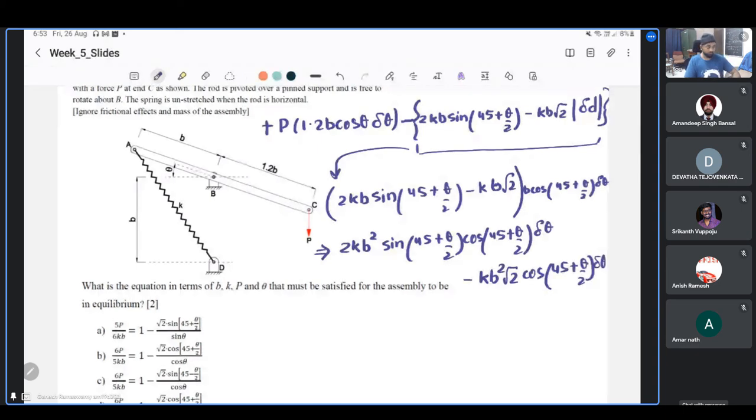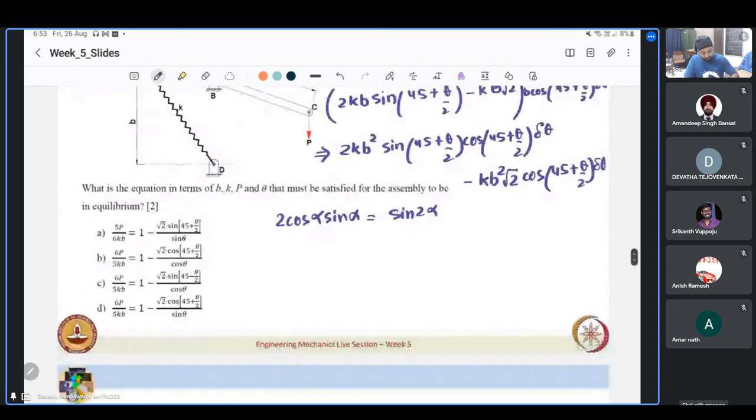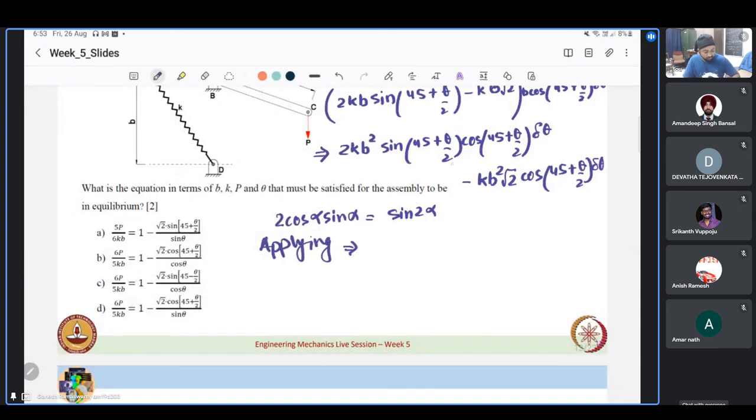This is what we will get when we multiply it out. So we know one relation, that 2 cos alpha sine alpha is sine 2 alpha. This we know. So if we apply this, we'll be able to simplify this.